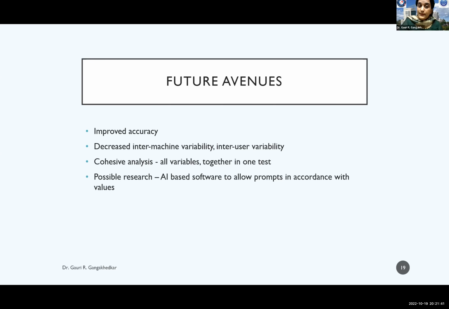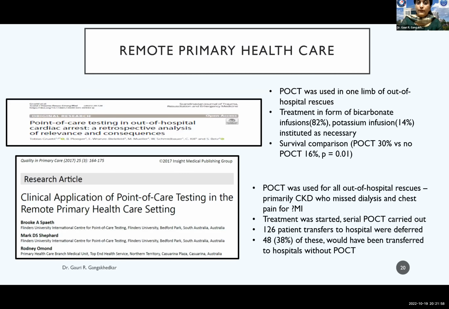And there would possibly be research on an AI-based software that allows prompts in accordance with the values provided, similar to our AEDs, which could help in remote hospitals. For instance, in remote primary care, point of care testing was used for pre-hospital rescues.